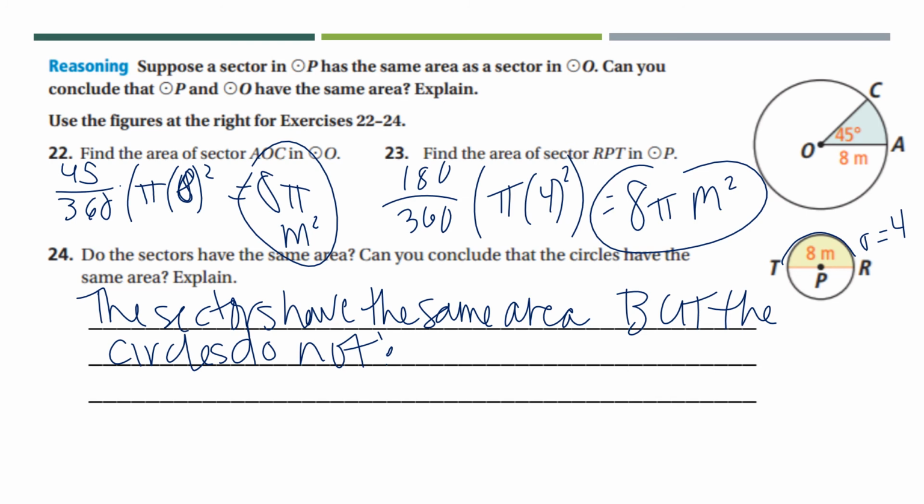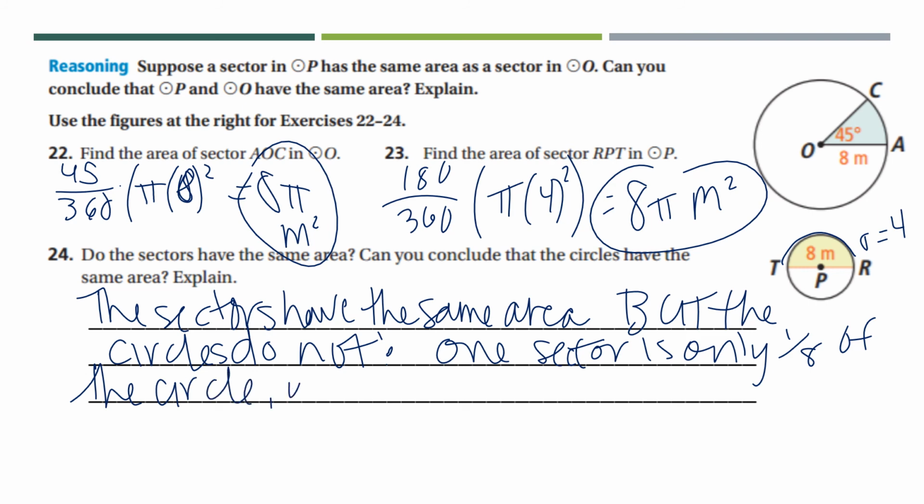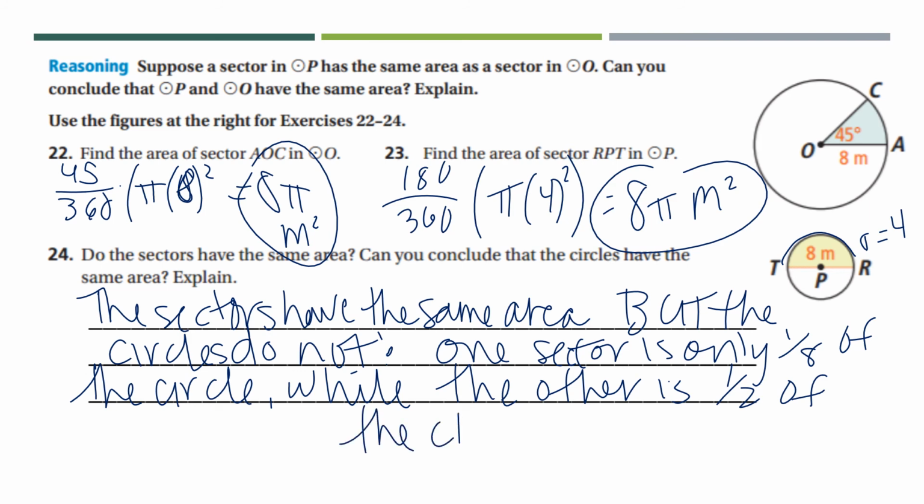The circles cannot have the same area because one sector is only an eighth of the circle, while the other is half of the circle. So there is no way for the circles to have the same area because their sectors are not the same measure.